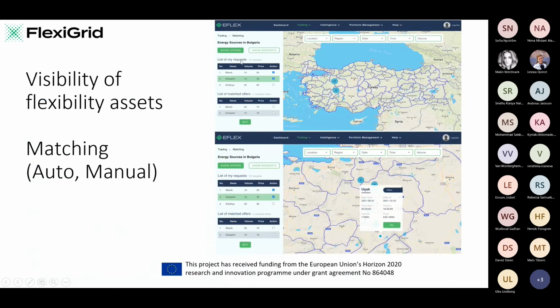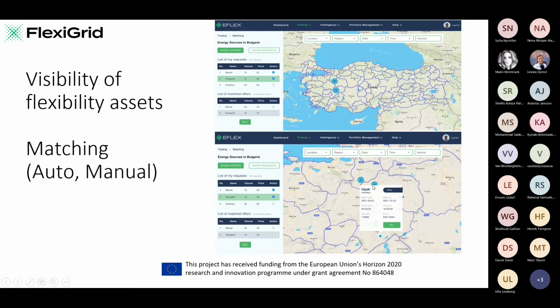Here is a list of all of my requests, and whenever I click on one, it shows me the offers matching my request. Here is the location or the size, the price, and I can even select and then buy that.